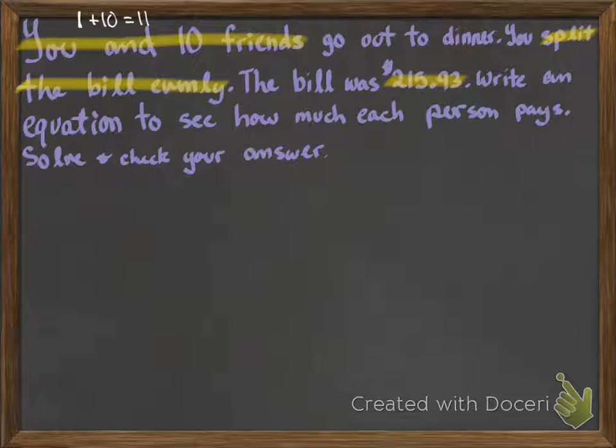The bill was $215.93. So my total will be my $215.93 equals my 11 people who went out to dinner, and let's say C is the amount each person pays, or the cost for each person, because if each person is going to contribute the same amount, I'm going to take each person's contribution and add them all together.